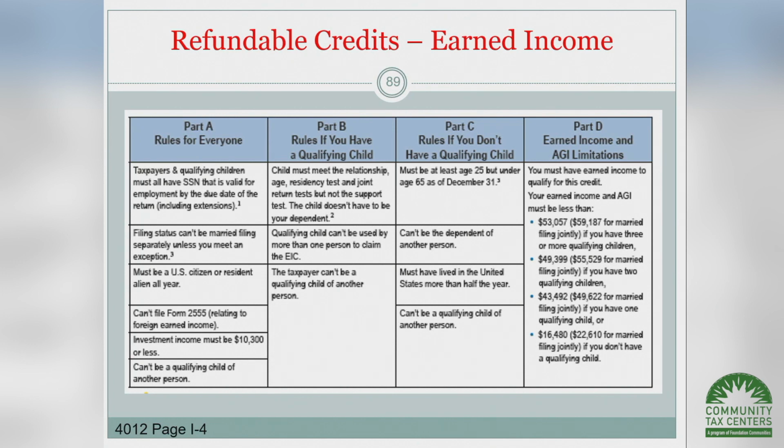I would say pay attention to Part D here on this side because it breaks down what filing status you need to have, and what the income limits are for each, if you're single versus married, to be able to actually receive the EIC. There are a lot of misnomers in the tax industry that say because you're this person or you have this thing, you're entitled to this EIC.